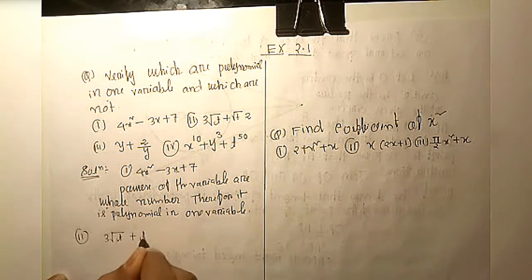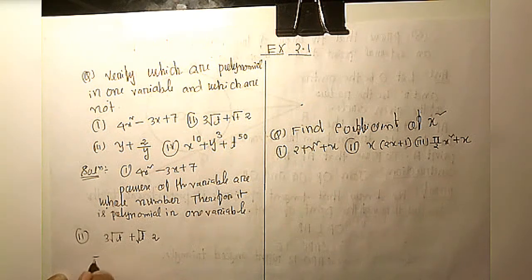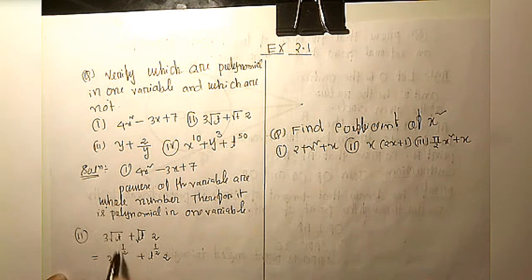Roman number 2, 3 root t plus root t into 2. Root t means t to the power 1 by 2. In this case, the variable is t, but the power of the variable is not a whole number, because 1 by 2 is not a whole number.